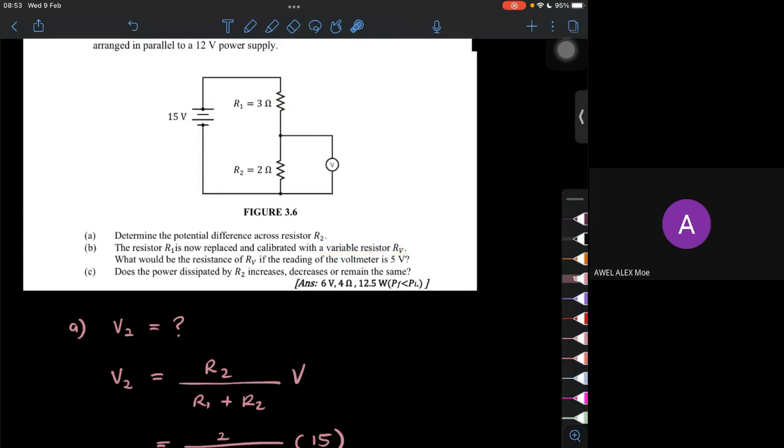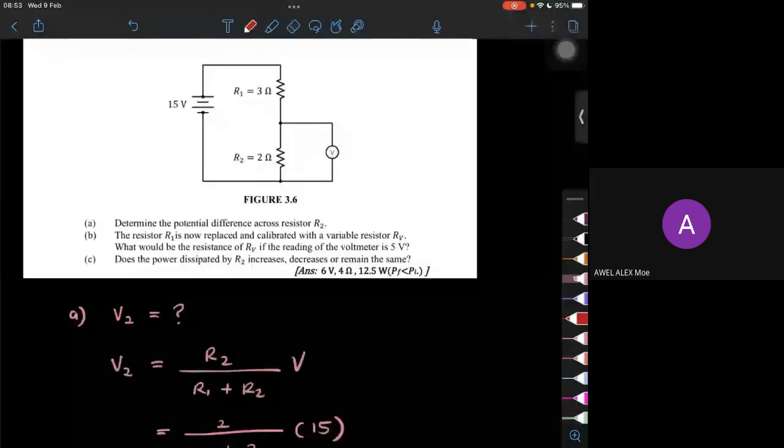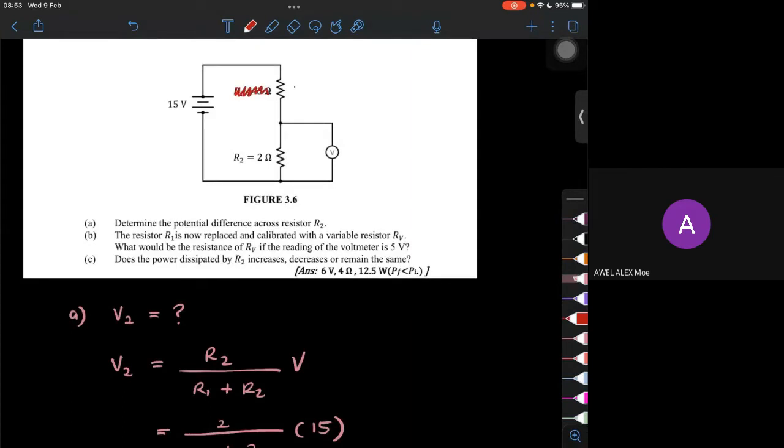Maksudnya resistor yang kita boleh ubah dia punya value resistance. Okay, so here, ni tiada sudah, kita akan ada RV. So we want to find the value of RV if the reading of voltmeter is 5 volt.